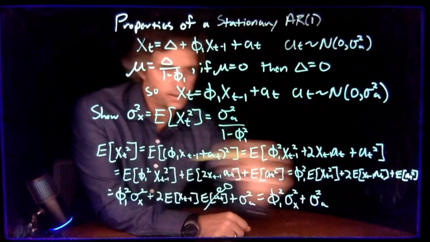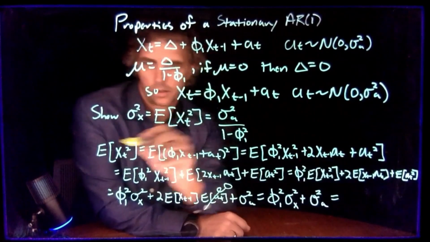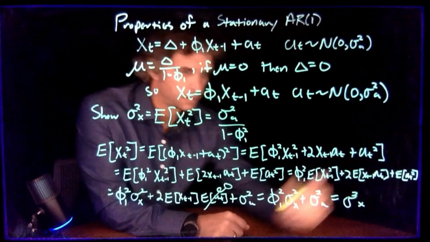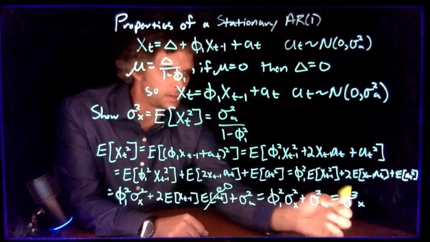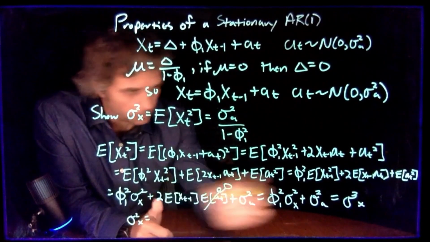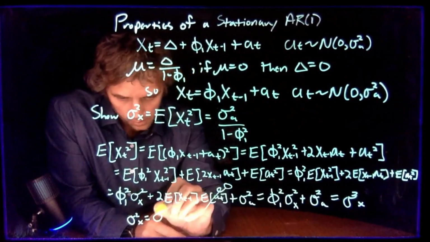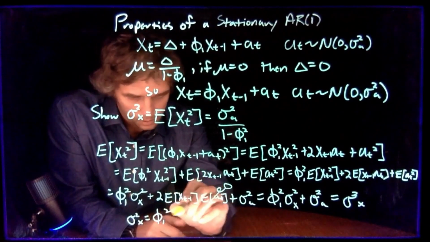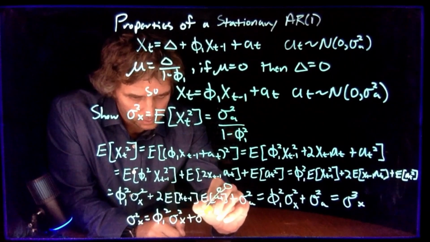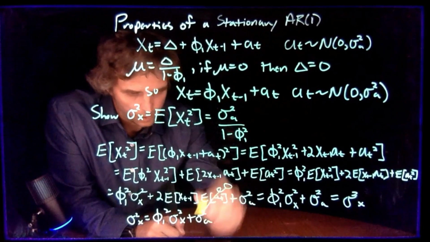And all of that equals sigma squared x. So then finally we have sigma squared x, so we'll write that down here. Sigma squared x equals phi1 squared sigma squared x plus sigma squared a.